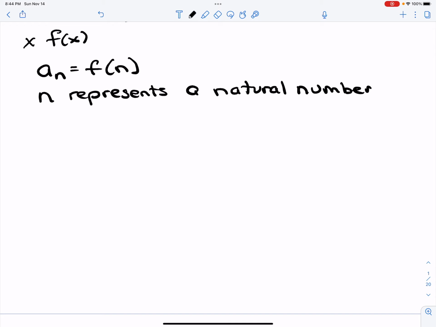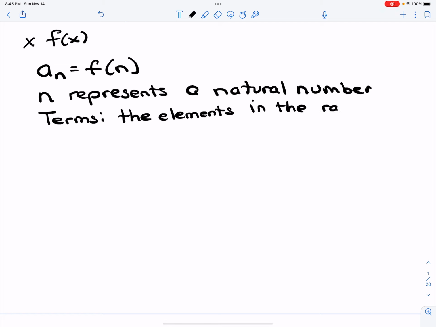The elements are called terms. Those are in the range of a sequence.